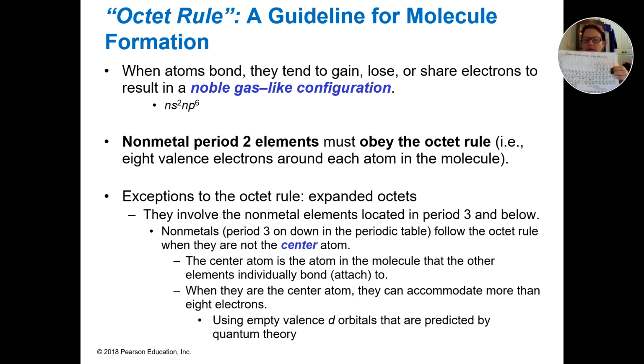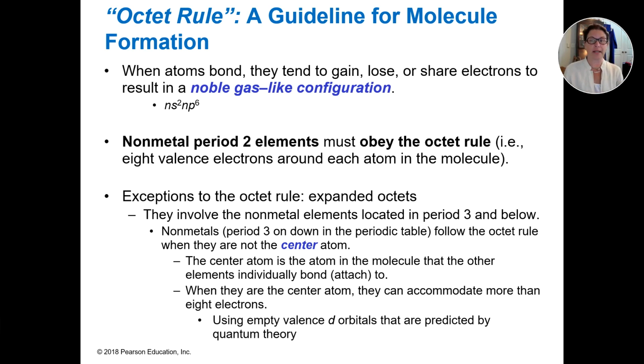So the non-metals are over here on this side. Okay, so this is our period 2. So the non-metals that we're talking about are carbon, nitrogen, oxygen, fluorine. Okay, they will always do that. However, boron is the one exception. And it's an exception because it's not, in its own right, a non-metal. It's a metalloid or a semi-metal.